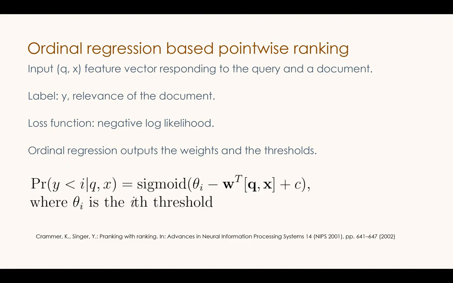In this case we use this formula to model this probability: sigmoid of theta minus w times the query and document features, plus some intercept. So this is ordinal regression-based pointwise ranking.